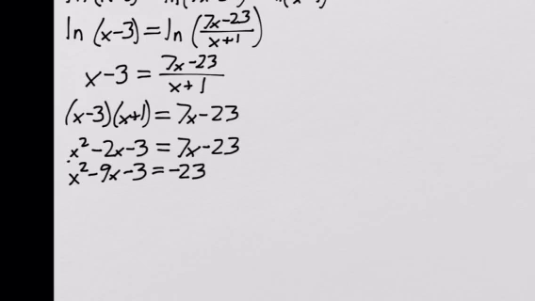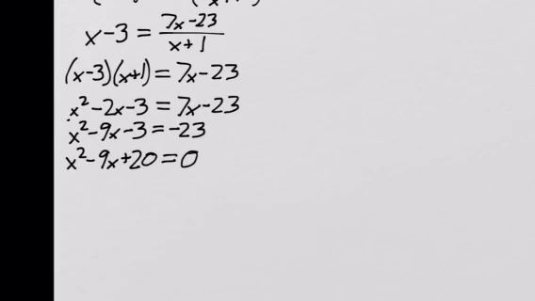And then add 23 to both sides. So we get x squared minus 9x plus 20 is equal to 0. Now I'll go ahead and factor this. x minus 4 times x minus 5 is equal to 0.